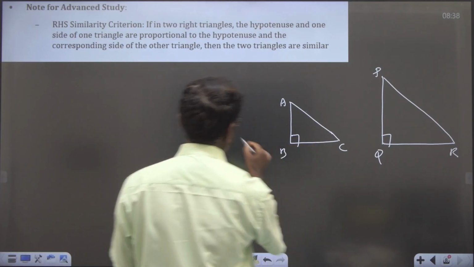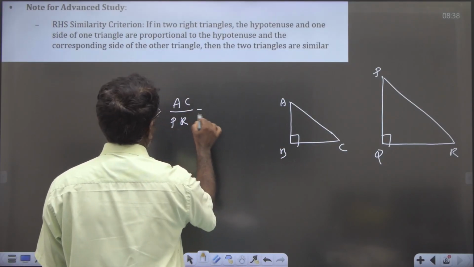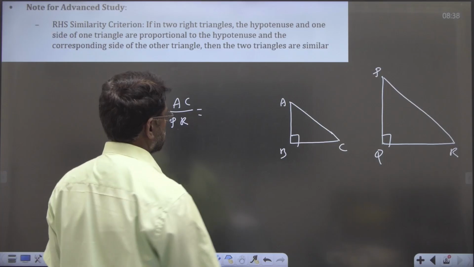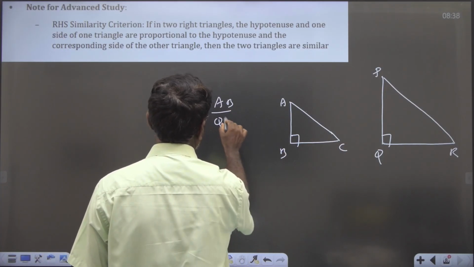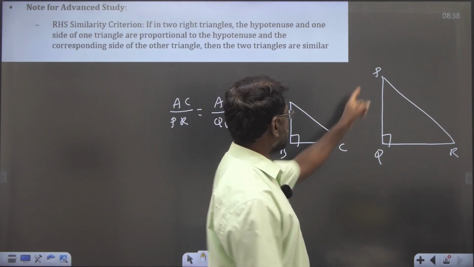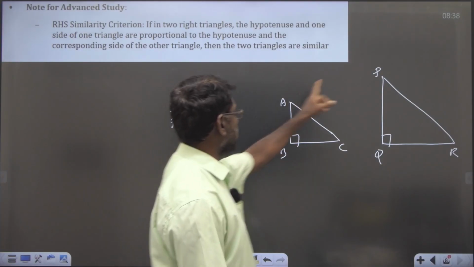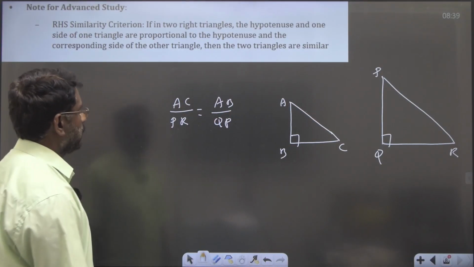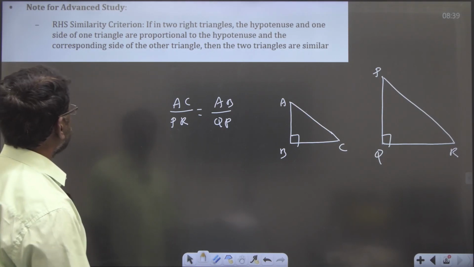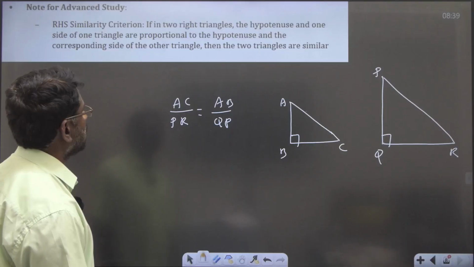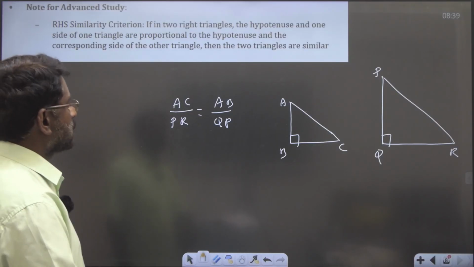Here the hypotenuse AC by PR, and any one side, for example AB by PQ, are proportional to the hypotenuse and the corresponding side of the other triangle, then the two triangles are similar.